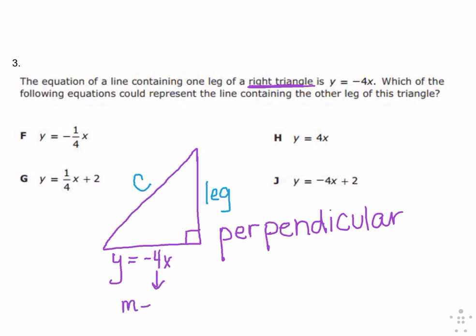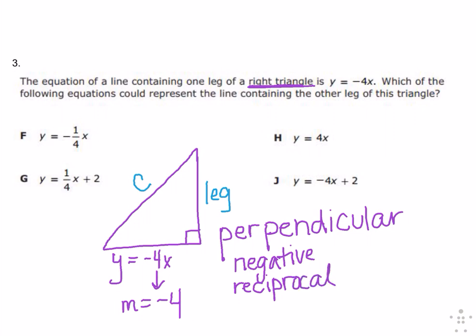Our slope is -4. Well, if they're intersecting at a 90-degree angle, so they're perpendicular, that means the slope of the next leg has to be the negative reciprocal.